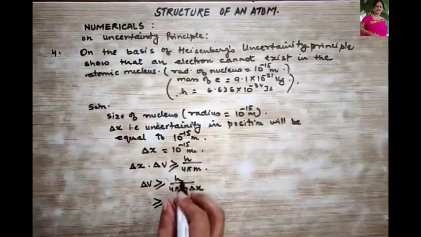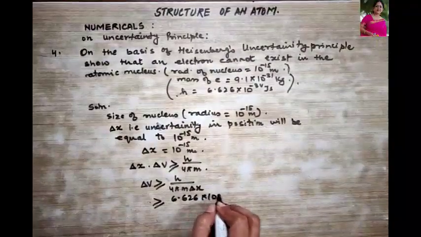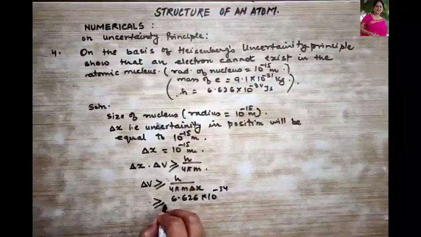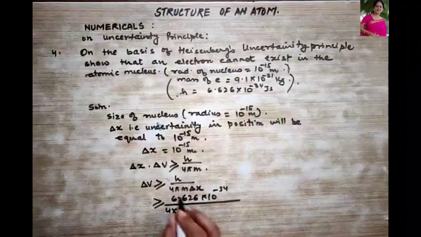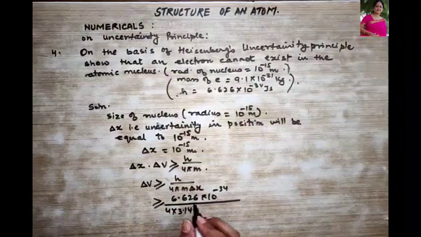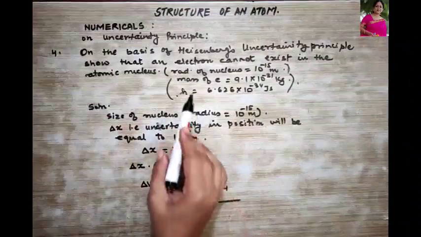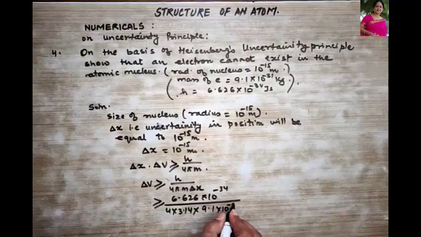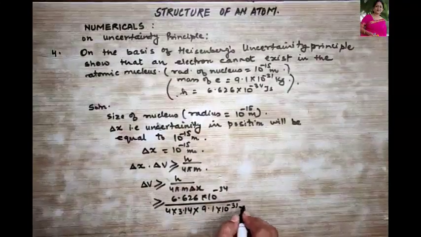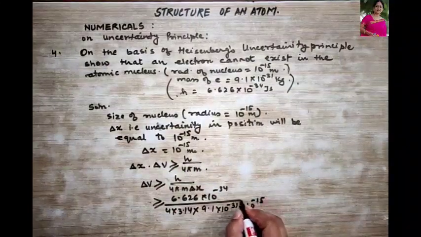So, greater than 6.626 into 10 to the power minus 34 upon 4 into 3.14. Pi is 3.14 into what is the mass of the electron given to us? That is 9.1 into 10 to the power minus 31 into what is delta x? Just now I wrote 10 to the power minus 15.